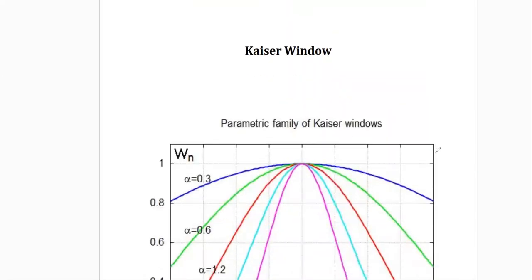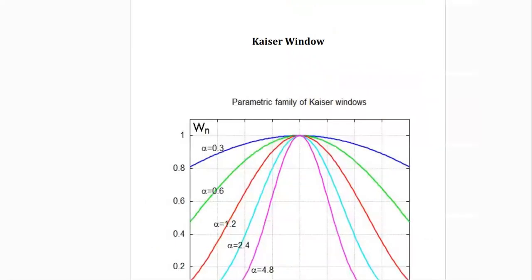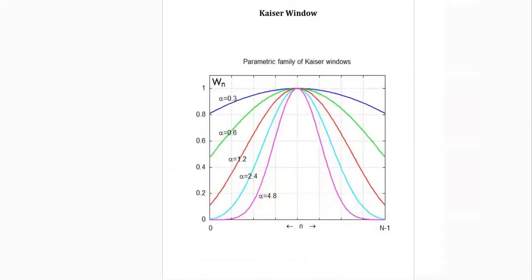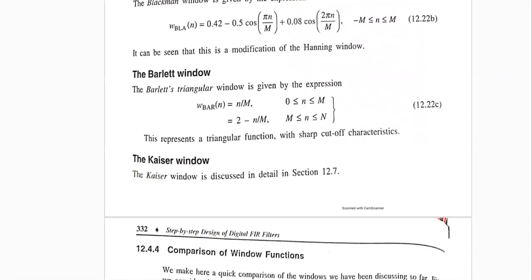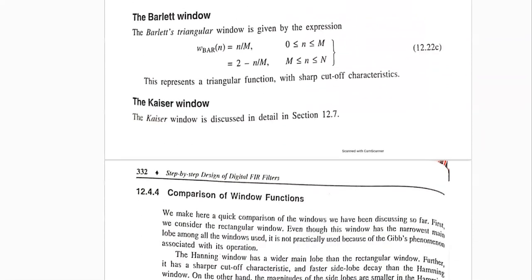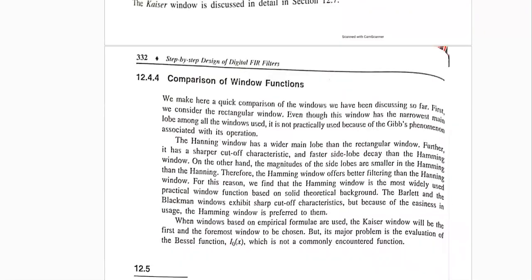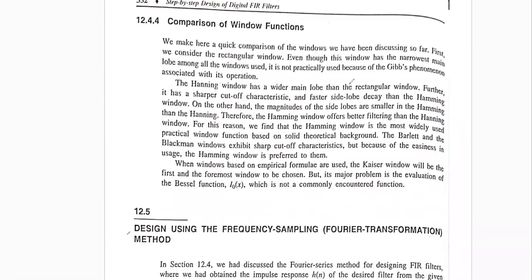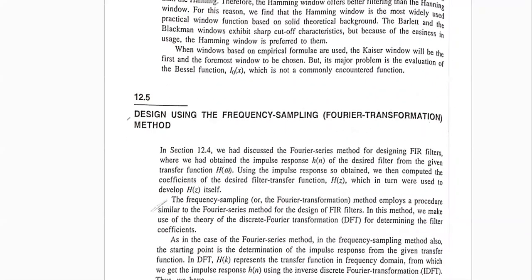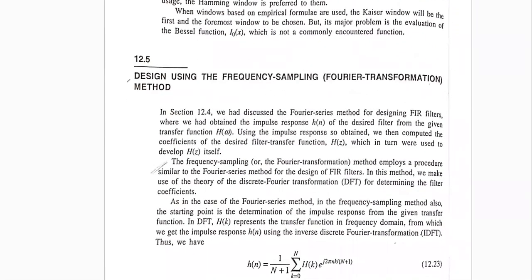Afterwards we'll talk about the Kaiser filter in the next section of this chapter. They are making the comparison between the functions here. I already gave you some idea of the comparison, so you can go through this and you'll find it very easy.